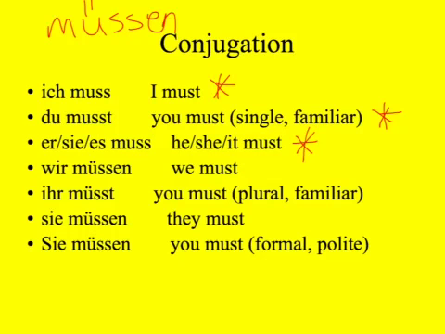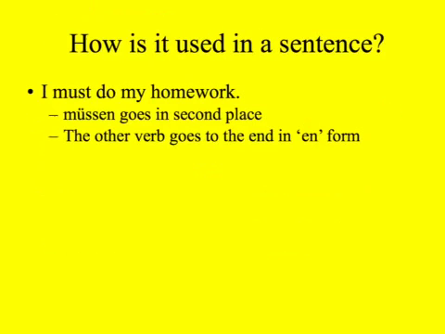Now let's have a look at where they actually go in the sentence. If we take a look at this example of I must do my homework, müssen is the verb that goes in second place. The must is the müssen. The other verb, because müssen doesn't work without another verb, do, in this case is machen, and that goes all the way to the end. And you can see here in the en form.